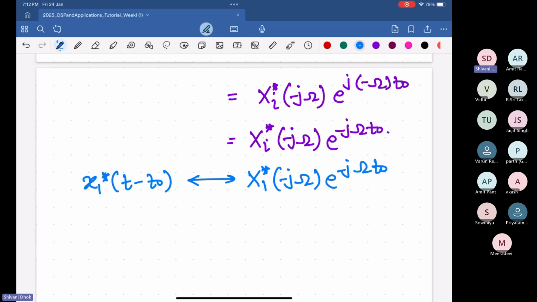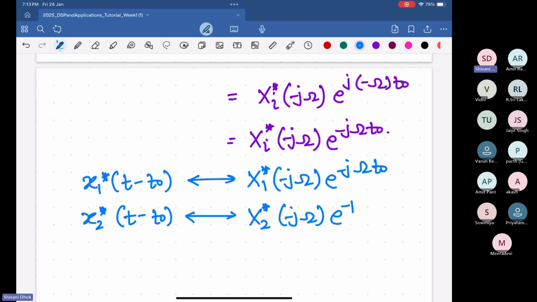And similarly, x2 conjugate of t minus t naught has a Fourier transform of x2 conjugate of minus j omega e power minus j omega t naught.